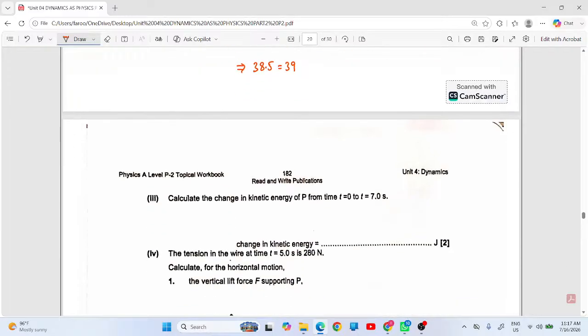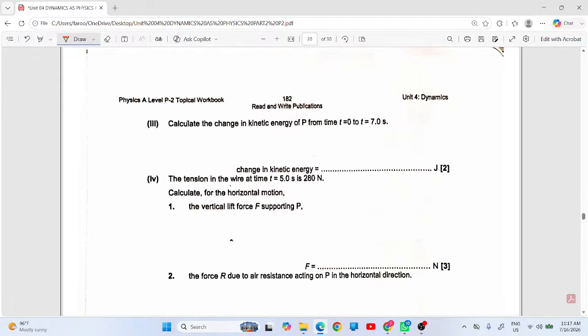Next is calculate the change in kinetic energy of P from time 0 to 7 seconds.